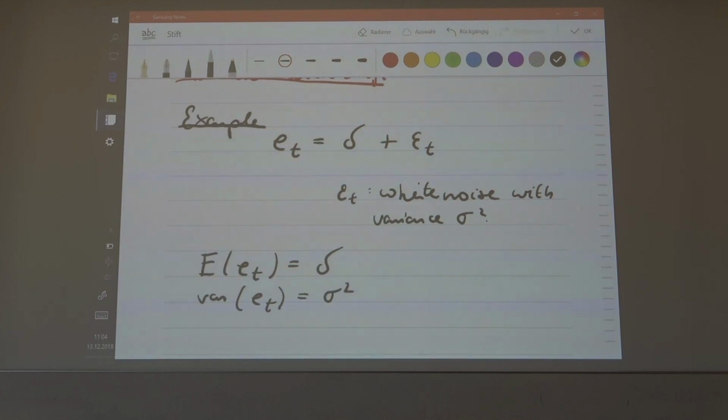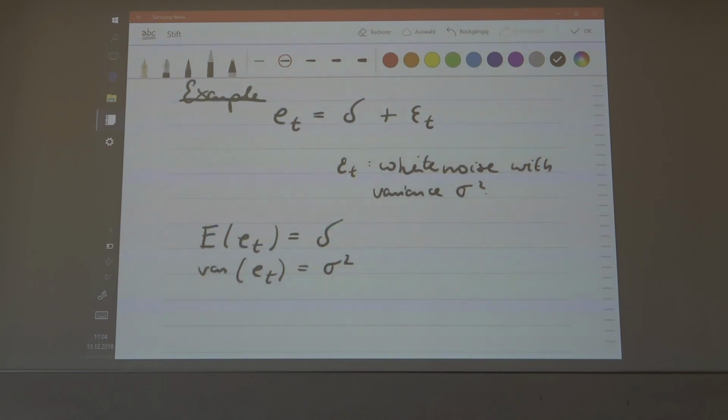And since the noises are independent, the autocovariance is also going to be 0. So the autocovariance is 0, which means that the process is going to be stationary. You remember that? Is this clear?